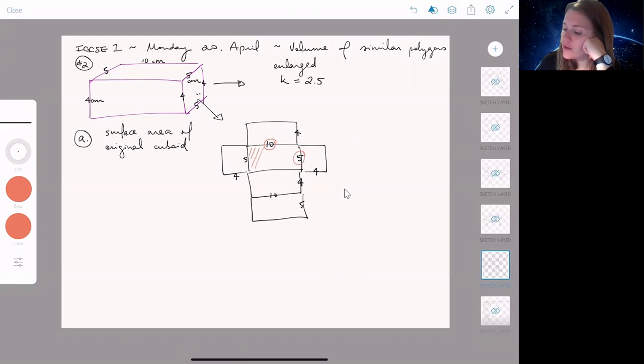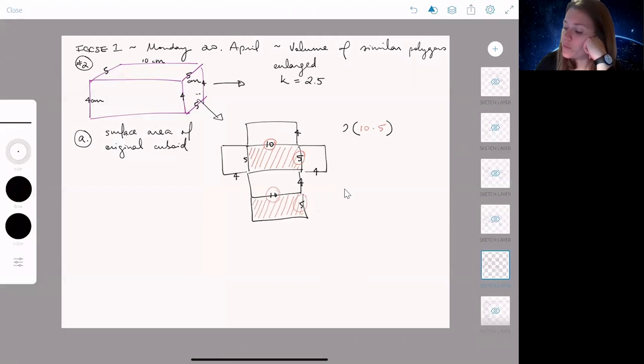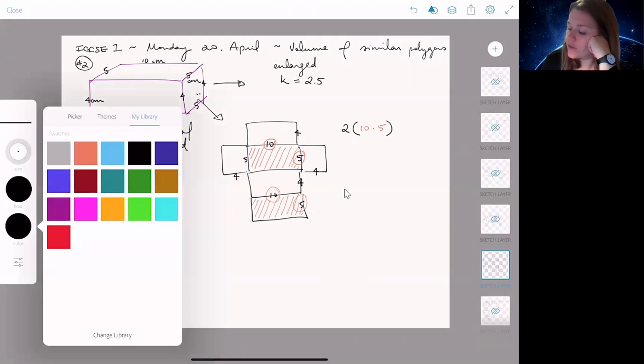So 10 and 5 is going to give me the area of this one. That's also going to give me the area of this one, 10 and 5. So really, 10 times 5, I want to multiply it by 2 because I have 2 rectangles of that size.